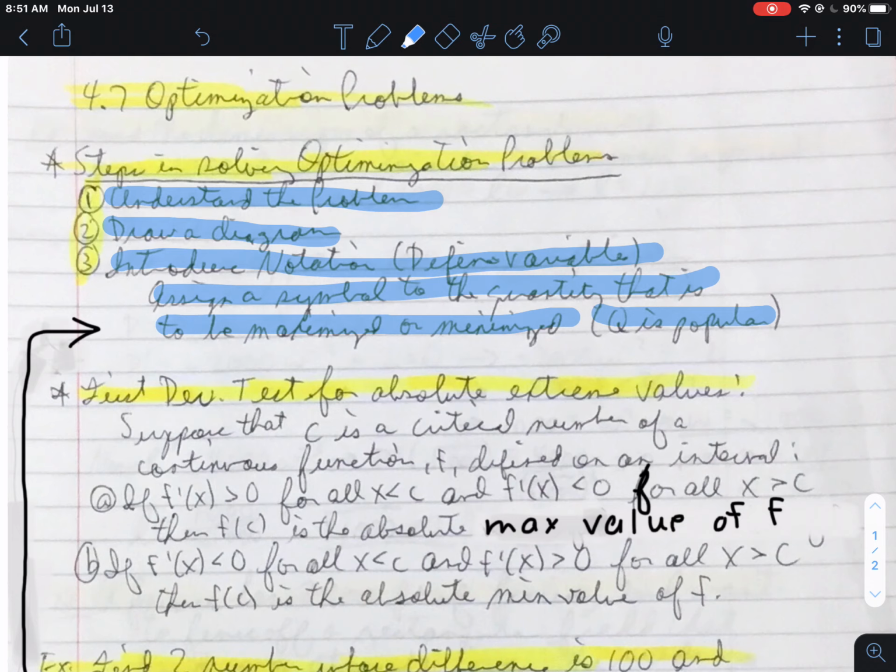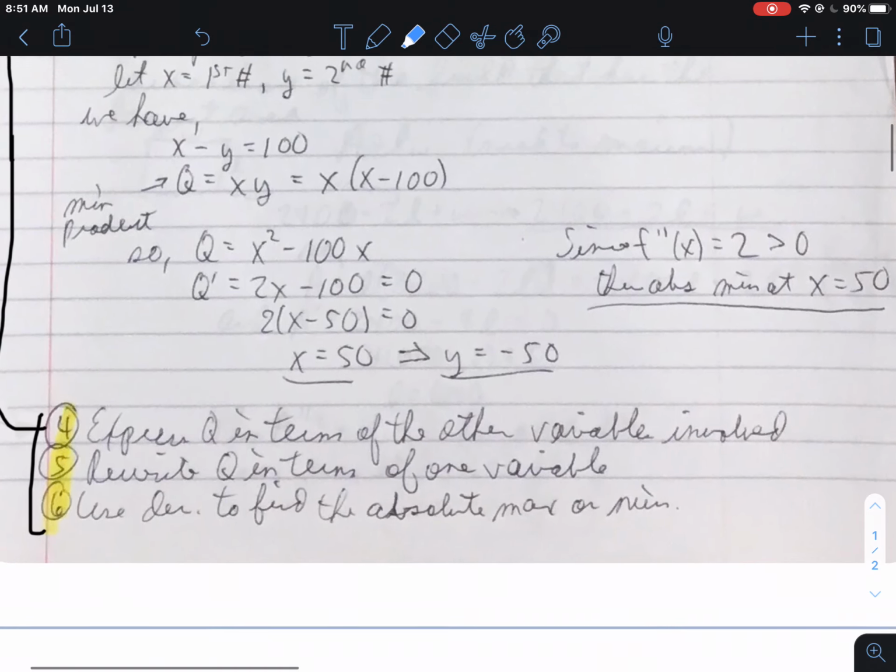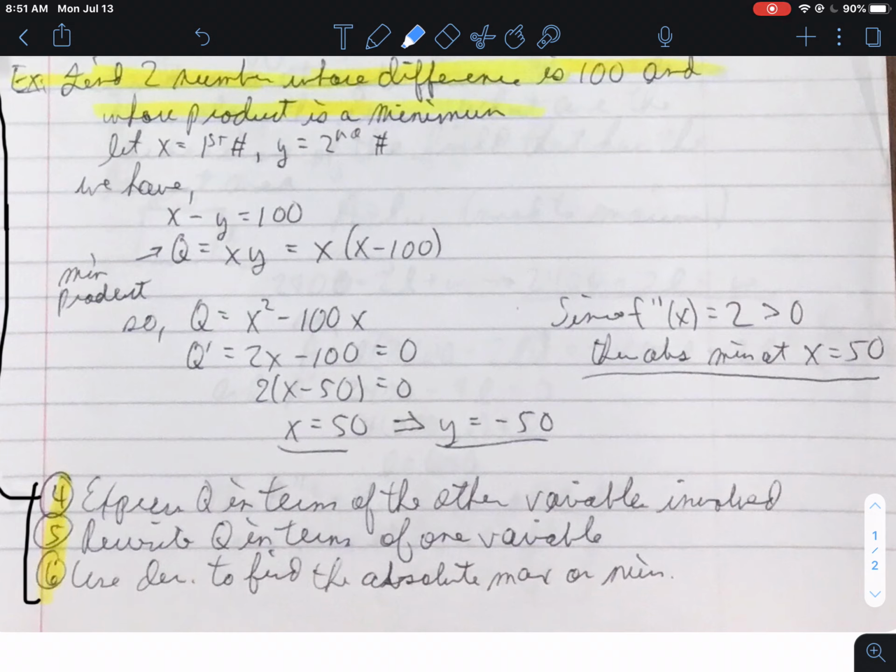So you'll see in different examples or problems where they use this Q value to label the quantity that is being optimized. But as with any other labeling of unknowns, you can use whatever you want. Again, just be clear as to what it is you're labeling or representing, so that we can keep all of our information straight. Those first few steps are all about just understanding the information.